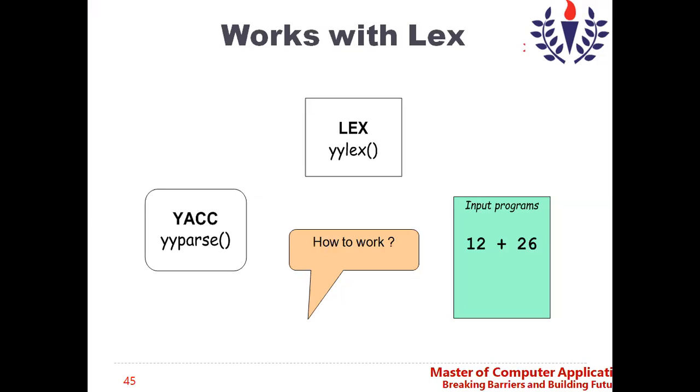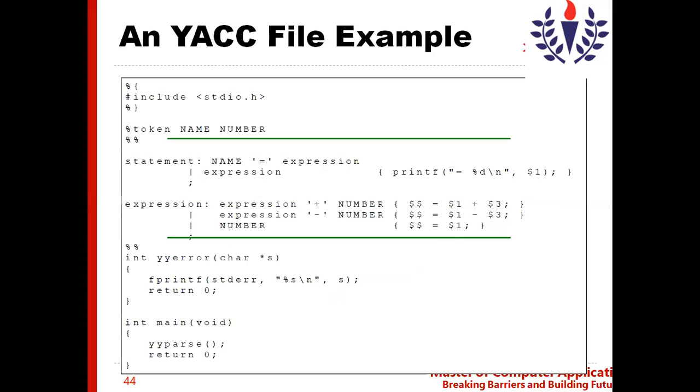Then we have the number 12, right? Already we have seen that 12 can be accepted by 0 to 9 plus, so it returns the token as number. Where do you find the token number in the grammar? In the second grammar, in the third line, we have the number.